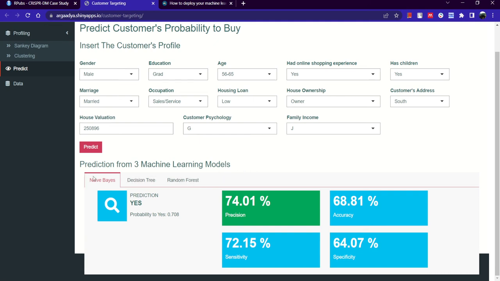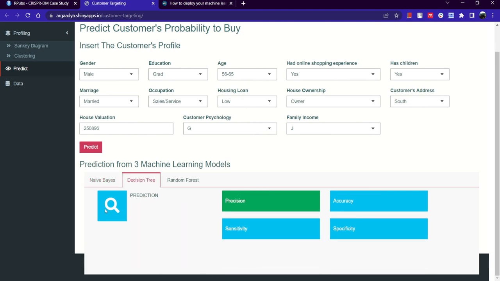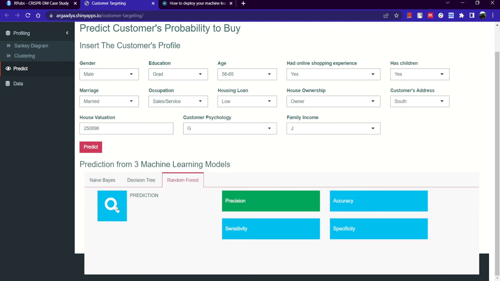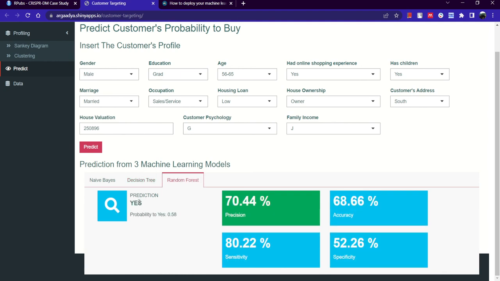The prediction based on naive Bayes is that this customer is a potential customer, but the probability is 70%. Decision tree also predicted a potential customer, but the probability is less, 60%. Random forest also says this is a potential customer, and the probability is 58%.